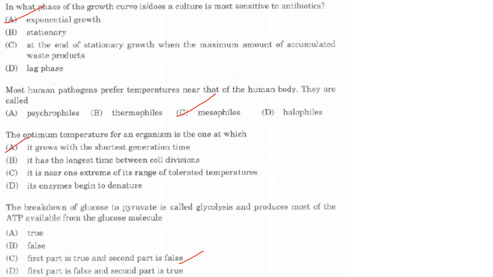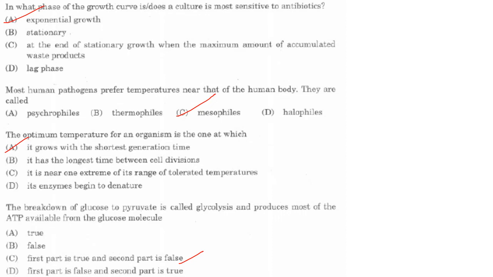Then most human pathogens prefer temperature near that of the human body. They are called mesophiles. Answer is option C. Psychrophiles are organisms capable of growth and reproduction in low temperature.